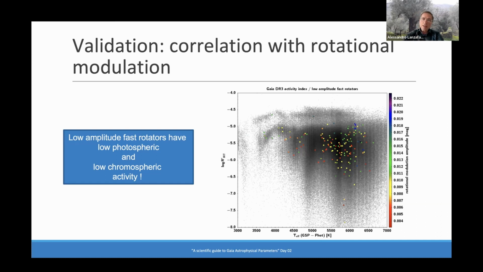This is something that we would like to understand, a puzzle that we would like to solve. It is very interesting for understanding magnetic activity in stars, especially in very young stars close to the zero-age main sequence.